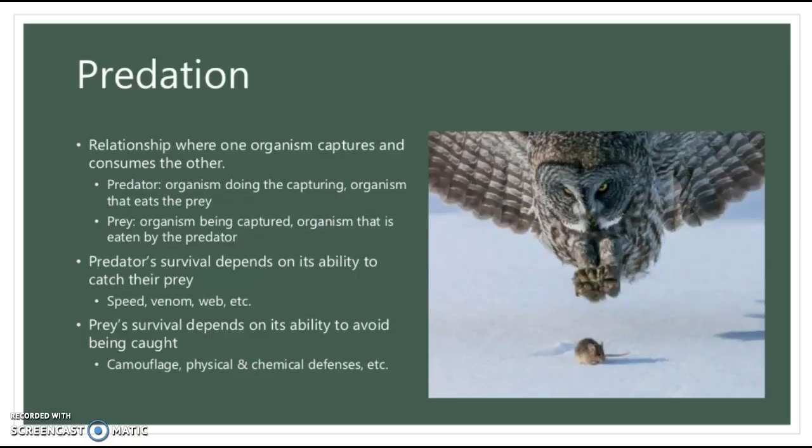Ways prey can avoid being caught include camouflage, physical or chemical defenses. So maybe it has a poisonous secretion that comes out and protects itself. If you look at our example here, in this picture, you see the owl, which is the predator, and you see the little tiny mouse, who is the prey.